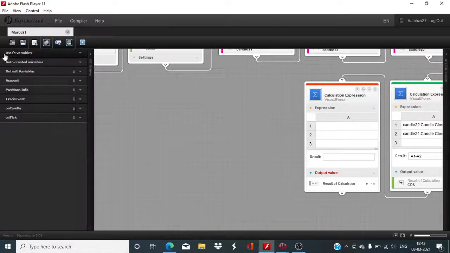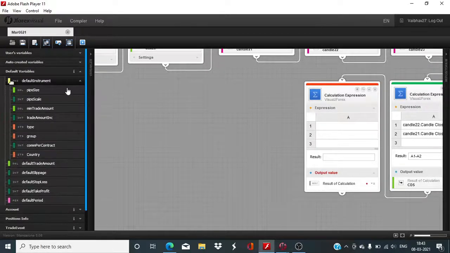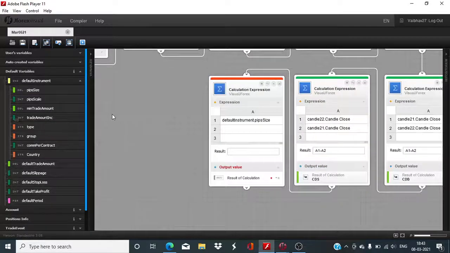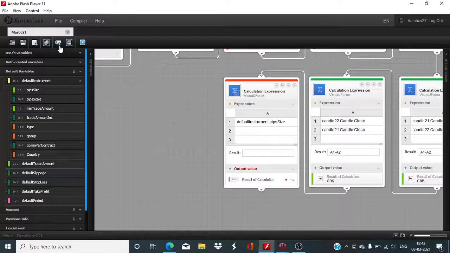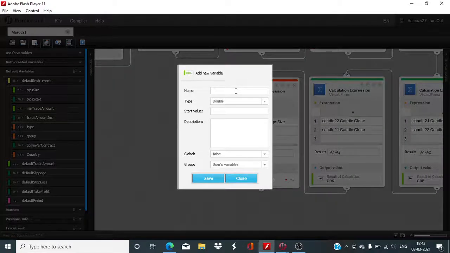For defining the 10 pips, we will have to look at the pip size for the current instrument, default instrument, and since we want the minimum difference to be of 10 pips, I will have to create a new variable which will be minimum pip difference, and it is going to be 10.